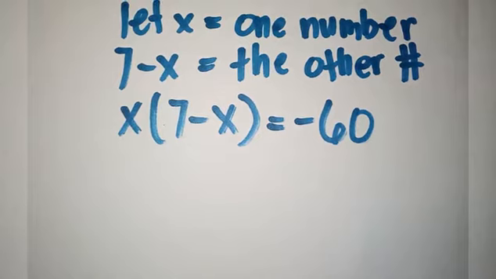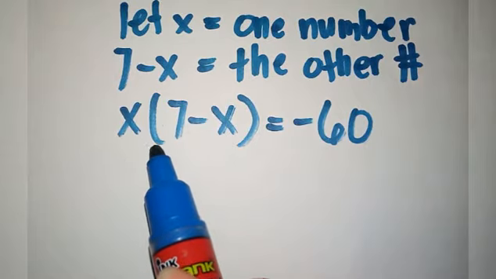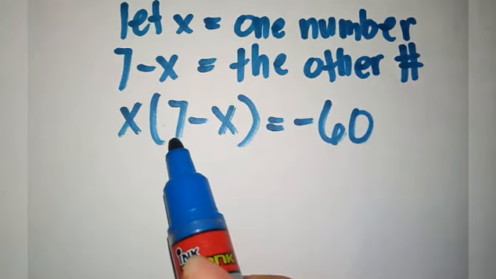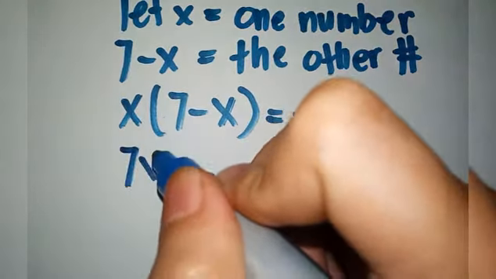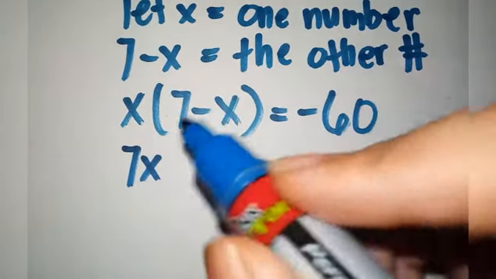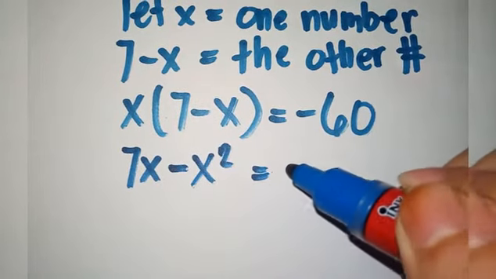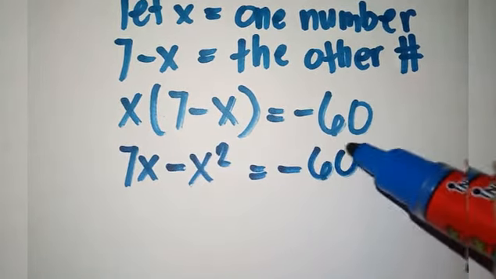Since meron na tayong equation dito, isosolve na natin siya. So, we can use the distributive method dito. So, we have x times 7 will give us 7x. Then, next is x times negative x will give us negative x squared. Then, just copy negative 60.